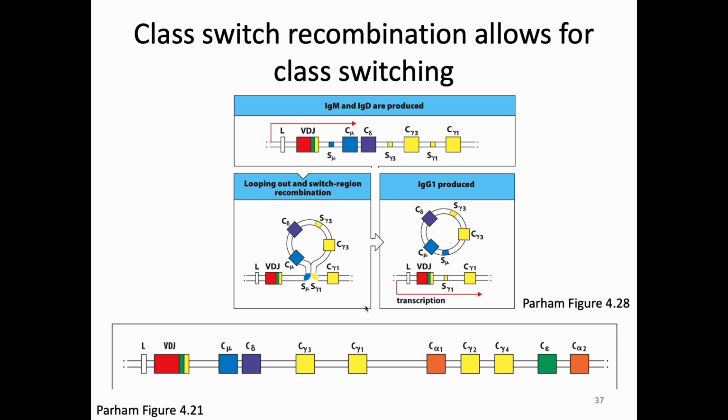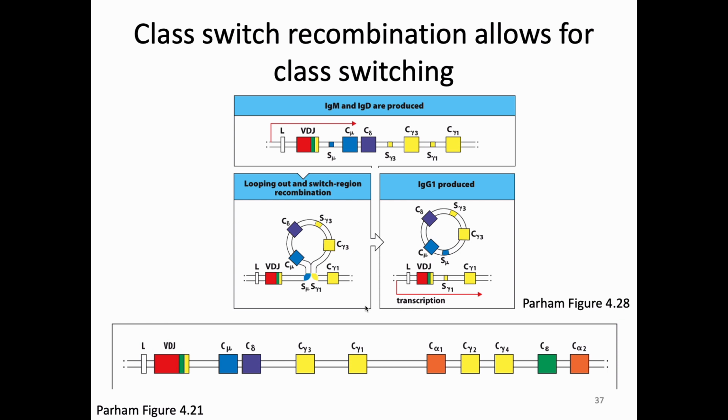In front of each of these little constant region areas, there's something called a switch site. We could actually have a recombination event at a switch site and delete the intervening DNA. So if we want to make IgG, for example, we do a recombination between those two sites.